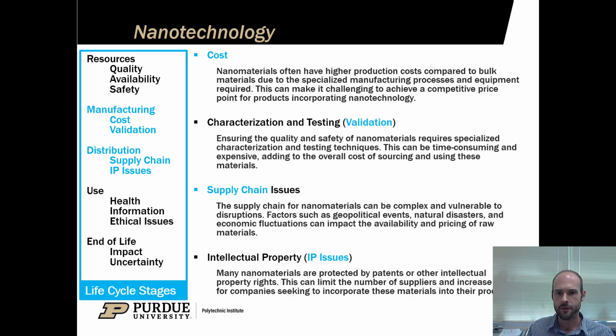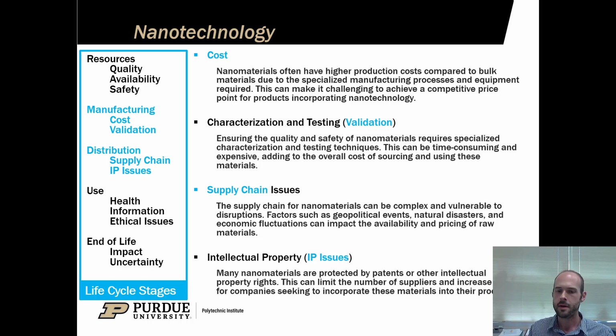Even once you make batch nanomaterials, there could be supply chain issues if you're requiring constant refrigeration or have safety issues around the packaging. And IP issues kind of roll into the supply chain issues in that because of the high cost, you'd probably have limited chains or pathways where this material can get to where it needs to go to create your end goal product.